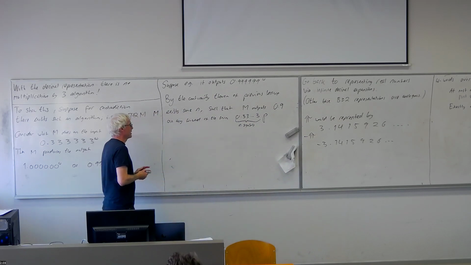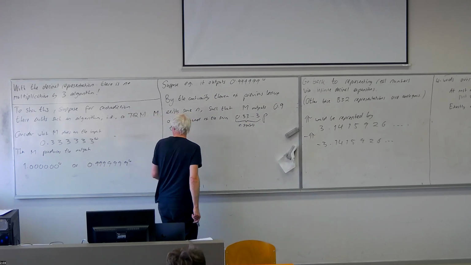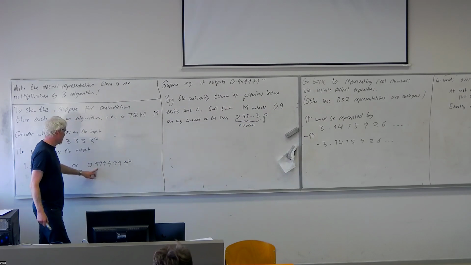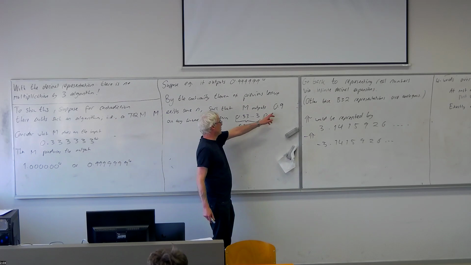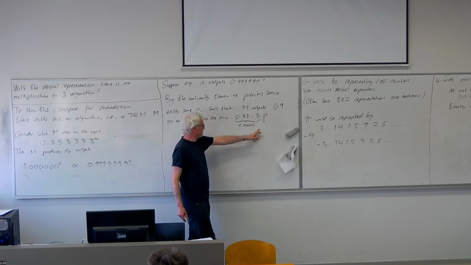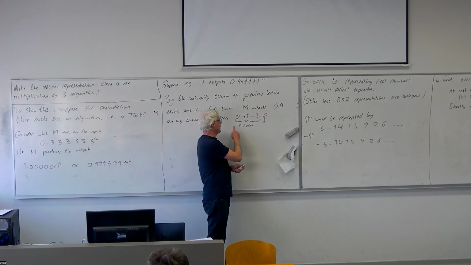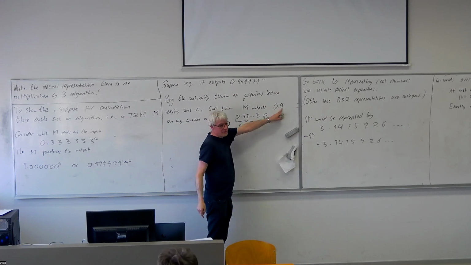So the point is, if it's going to output 0.9, it will do so after it has read some number of input symbols. Any other string that agrees with the input on that number of input symbols is going to get the same initial output.